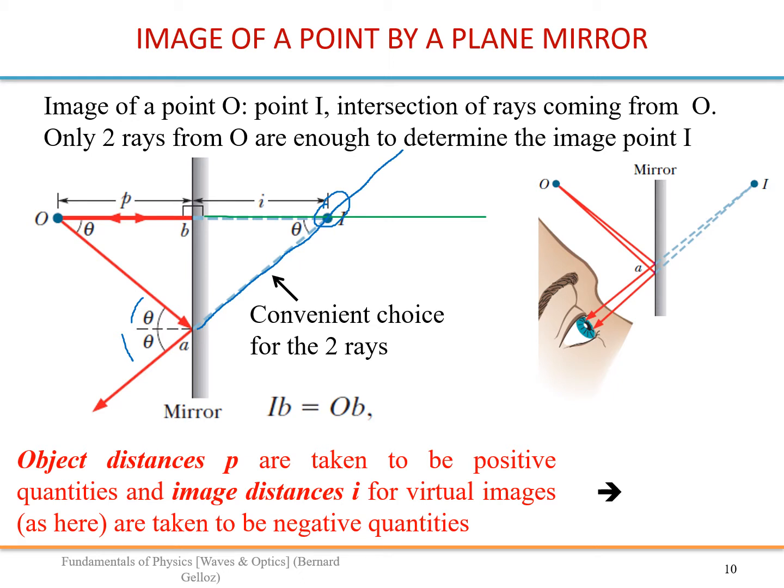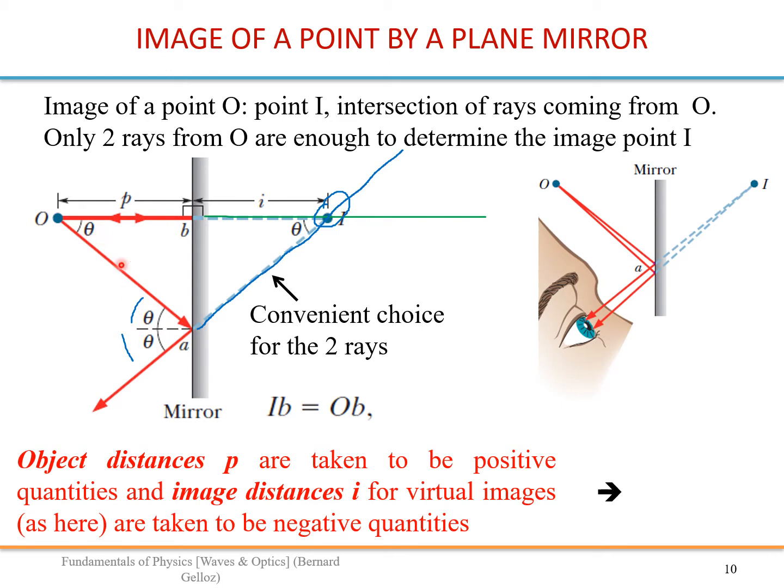Alright, so now what is the distance? We have already said before that this distance, so OB and BI are the same, but let's show it. So let's look at these triangles. So it's quite easy. You know AB, and you know that angle.